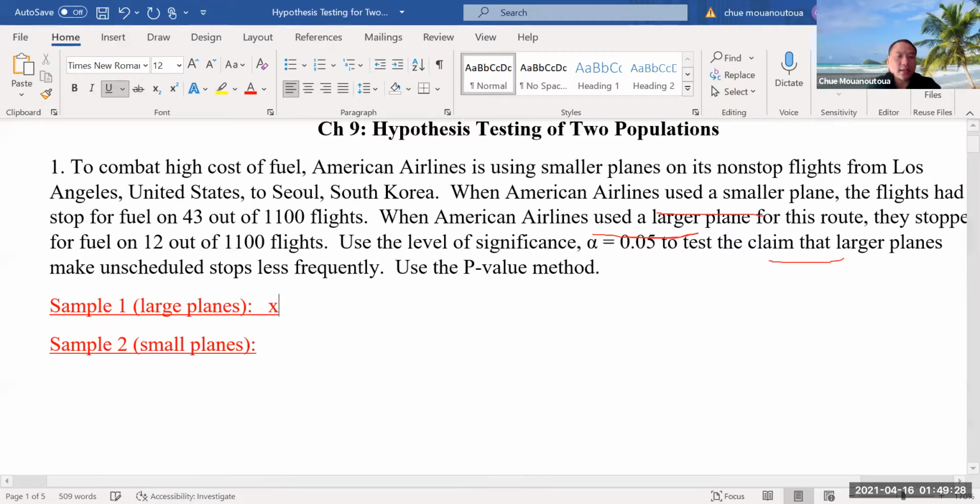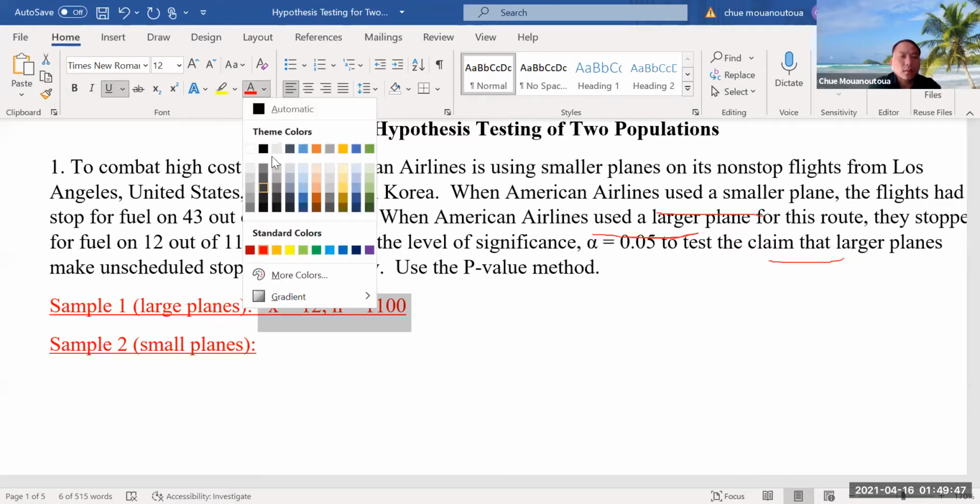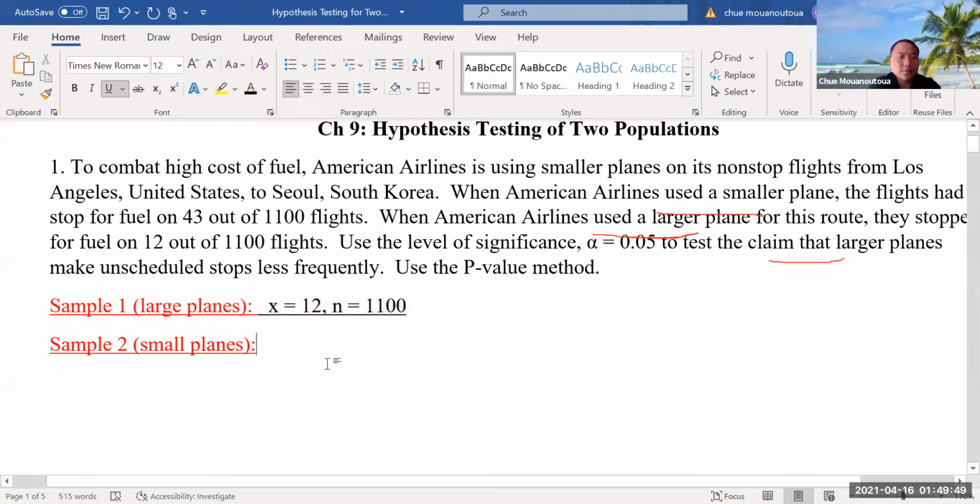So X is 12 and N is 1100. For the small plane, we're told that they stopped 43 out of 1100, so X is 43.